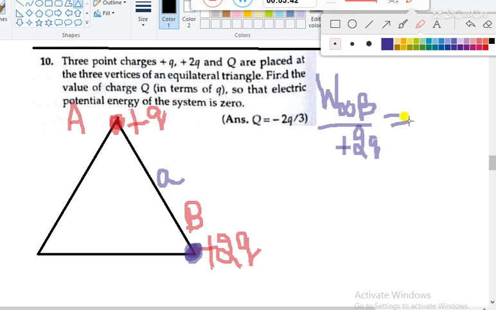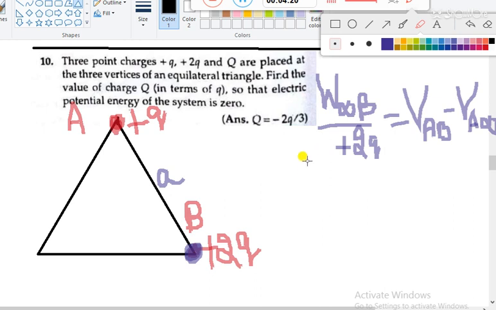This is equal to the final potential, that is the potential at point B due to A. Because in the first case we are taking A as the source charge and B is the test charge that is moving. So we will write potential due to A at B, minus, because it is the final potential, the potential due to A at infinity. We know it is a zero term, but we have to follow the steps.